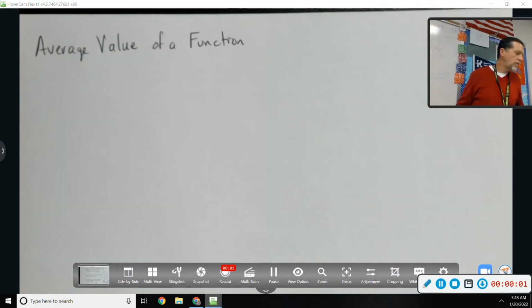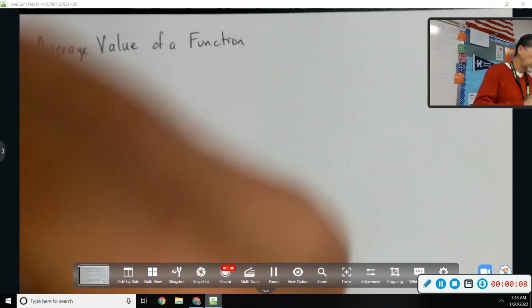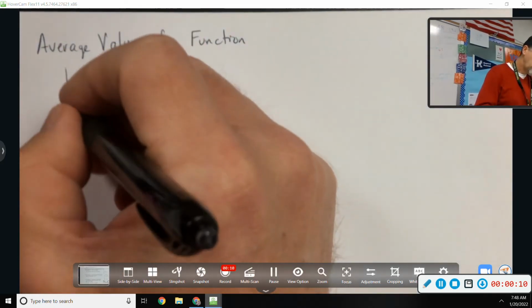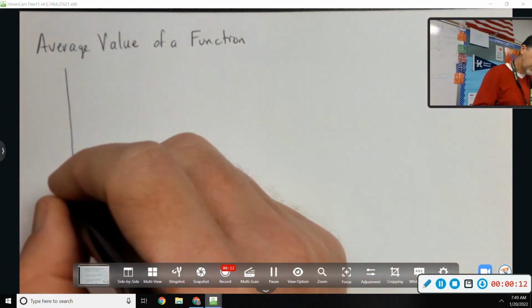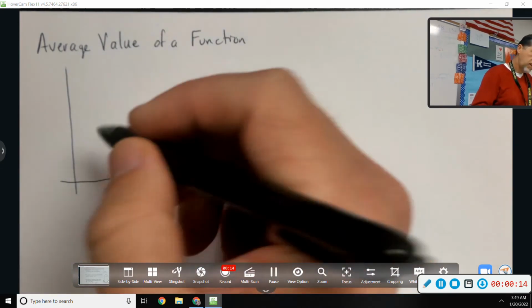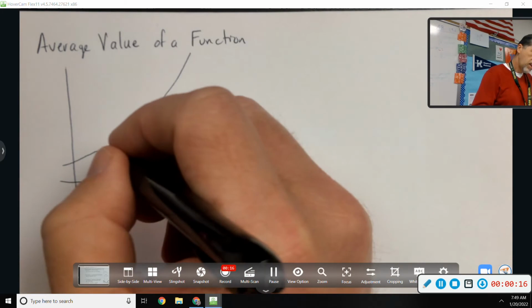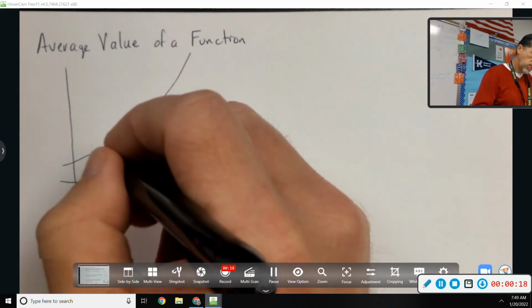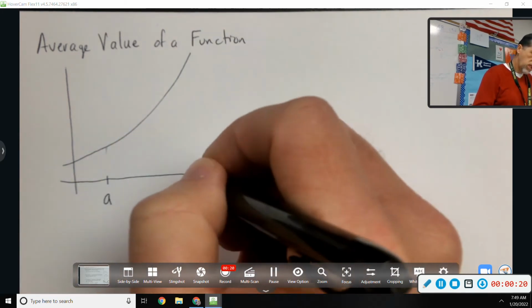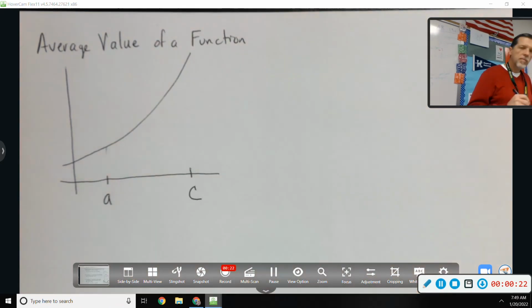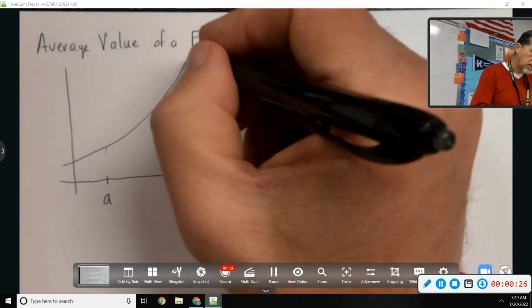So, average value of a function. Let's draw a picture and go from there. Any graph you want, make it sort of look like mine.